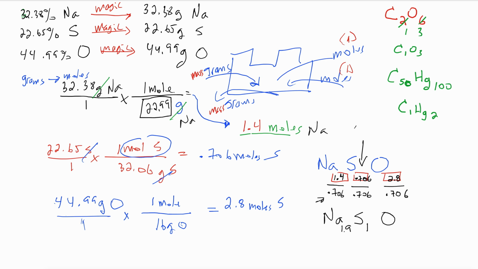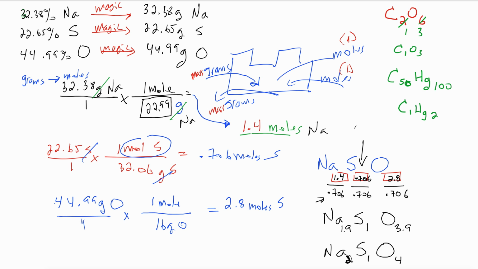And then this one over here, 2.8 divided by 0.706. .9. Okay, cool. So I'm going to rewrite everything again. Na, S, and O. All right, 1.9 rounds to what? Okay, 2. That S is still 1. And 3.9 rounds to what?